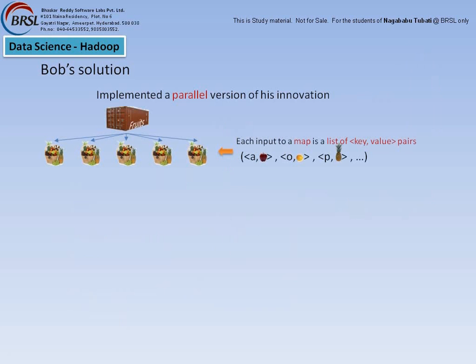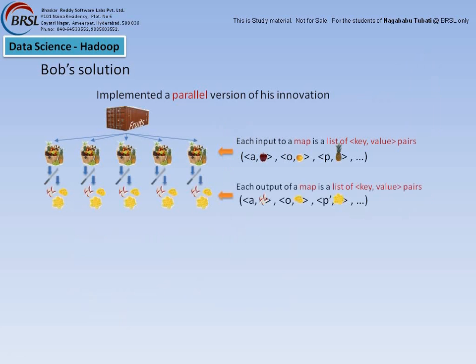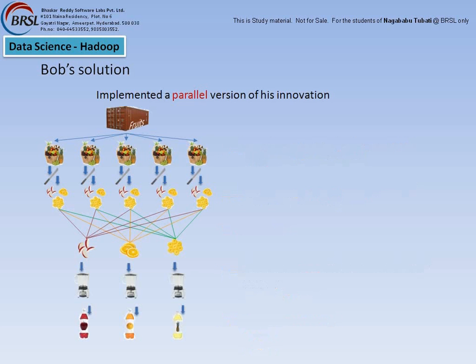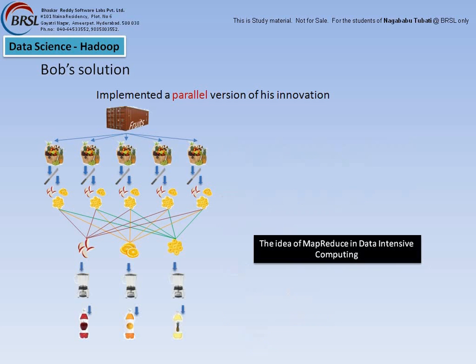The large container of fruits is divided into separate groups based on the variety of the fruit, and they are divided into smaller pieces, and those pieces are reshuffled into one category, and finally, with the help of several blenders, he prepared several varieties of juices. So this is the idea of MapReduce in data intensive computing.